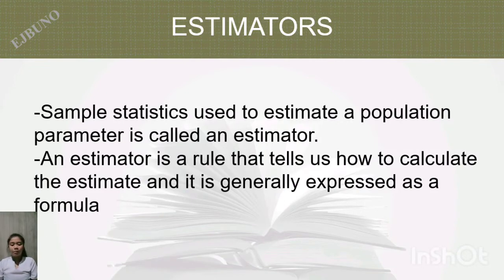A sample statistic used to estimate a population parameter is called an estimator. An estimator is a rule that tells us how to calculate the estimate, and it is generally expressed as a formula.